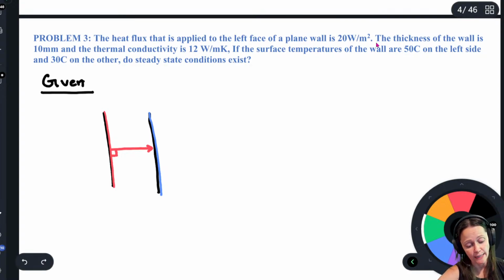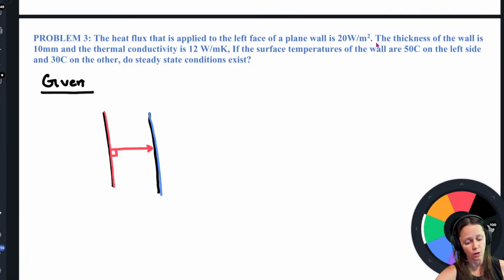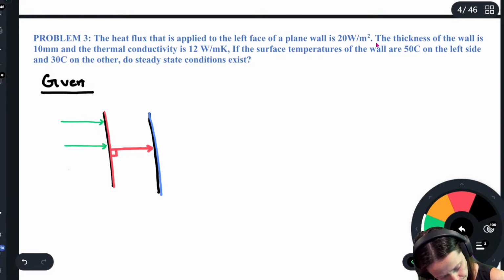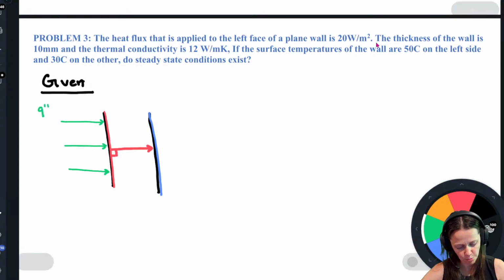All right, so we've got heat flux applied to a plane wall on the left-hand side, 20 watts per meter squared. I'm going to put 2 little hash marks there.